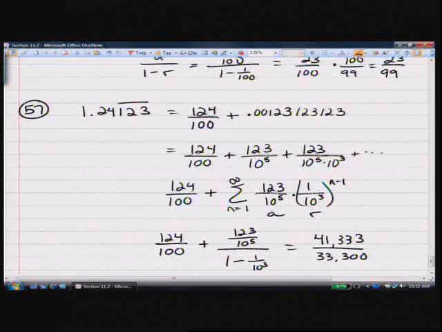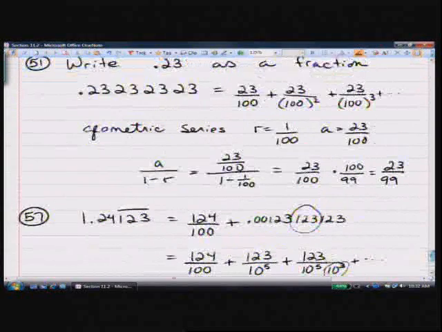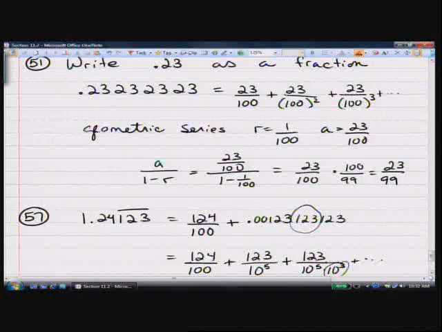Ugh. Really didn't do a good job on that. Let me see if I can handle the pattern again. There's actually a pattern to this where you don't have to think so hard. Since there are 3 repeating decimals, 1 over 10 to the 3rd is your R. When there were 2 repeating decimals, it's really 1 over 10 squared.